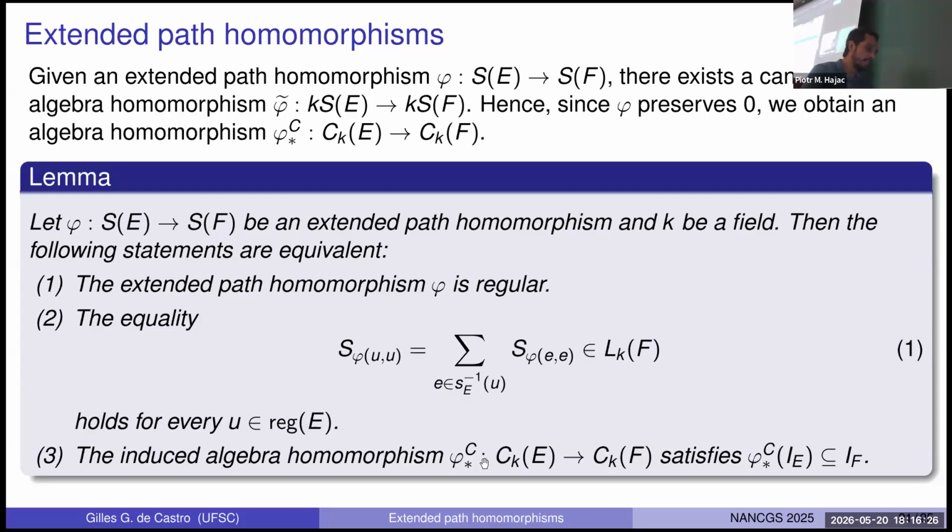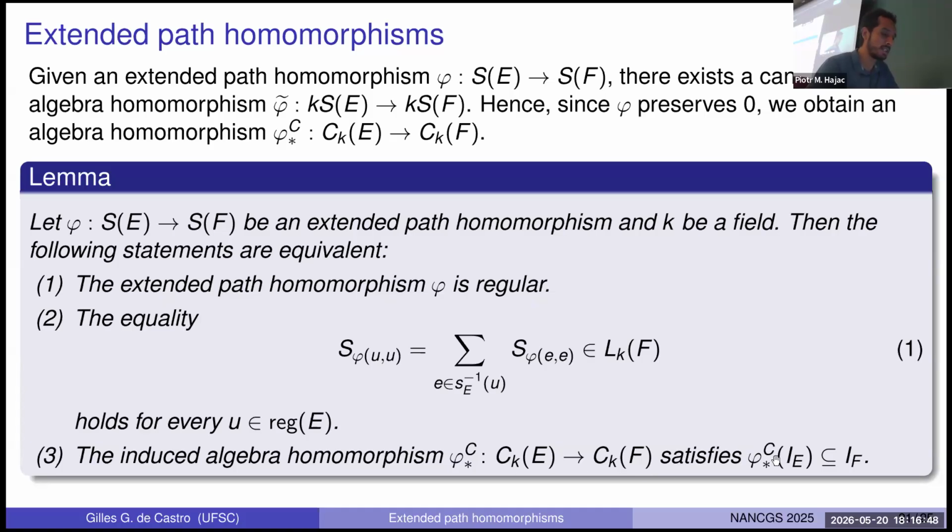And then between the third one and the second one, well, the proof itself is not that easy, but to show that the composition of regular is regular is really easy to see in this third equivalent statement.